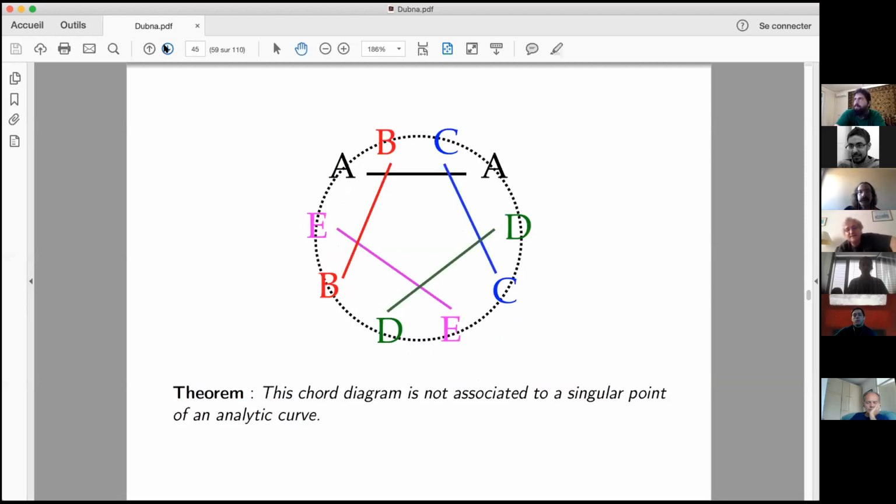If you take this chord diagram with 5 colors, and so 10 points on the circle, connected like on the picture, I proved that this is not associated to a singular point of an analytic curve. So somehow this chord diagram with 5 colors is similar to the forbidden permutation of Conceivage.